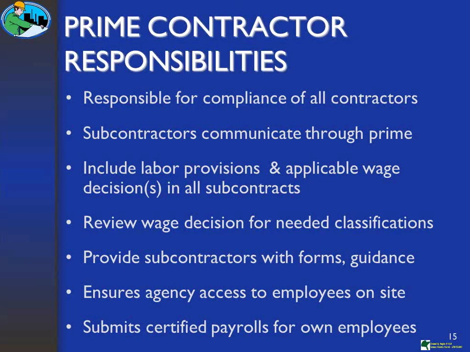He or she would need to be covered on subcontractor A, who employed them to do the backhoe operations for the project. So everybody who works on the project that is a laborer or mechanic must be covered on a certified payroll report.